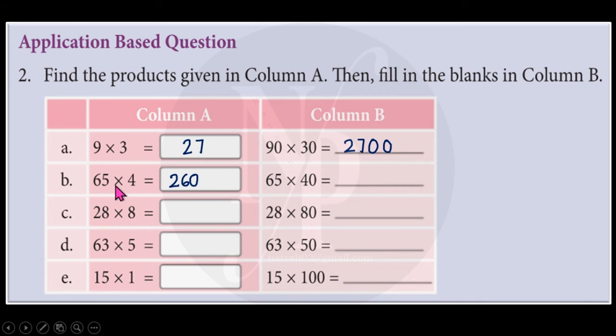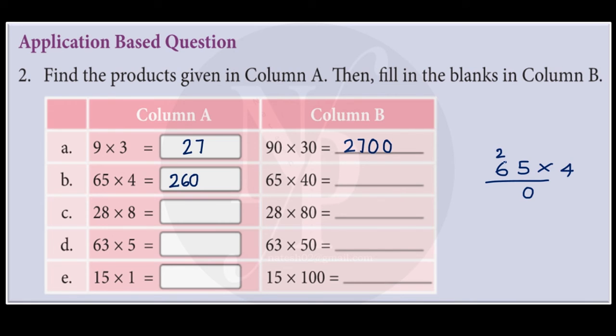So if you can't directly multiply here, you can write these numbers in the rough workspace in your notebook like this, and you may multiply 65 into 4. 4 5s are 20. So 20 is regrouped as 2 tens and 0 ones.